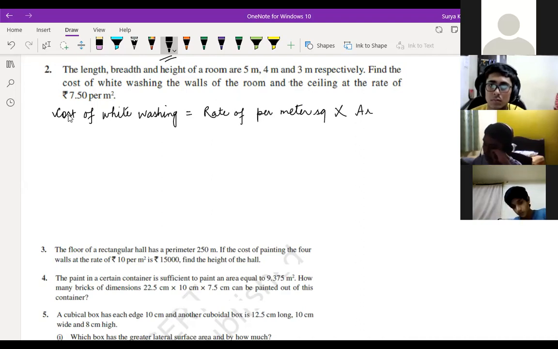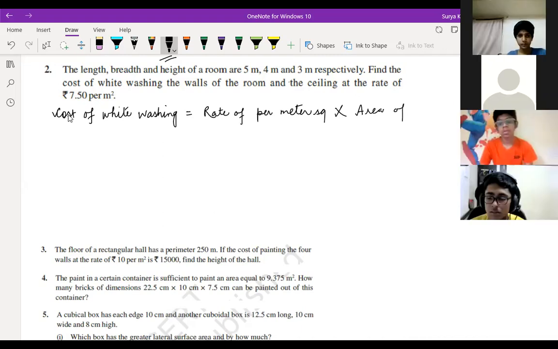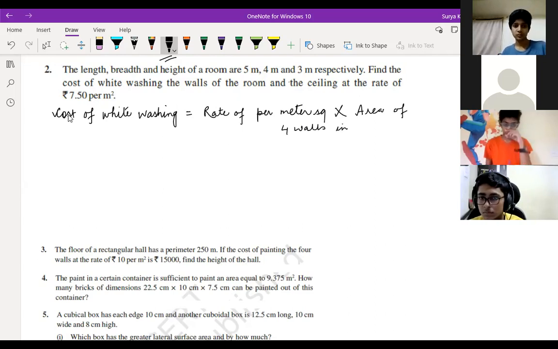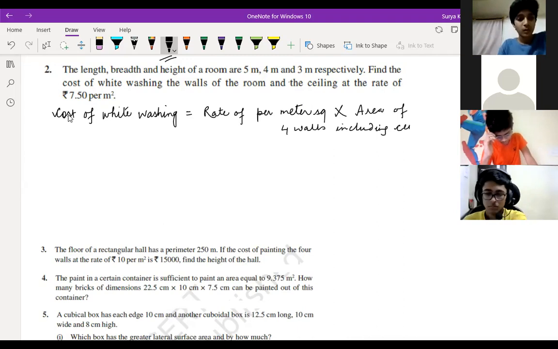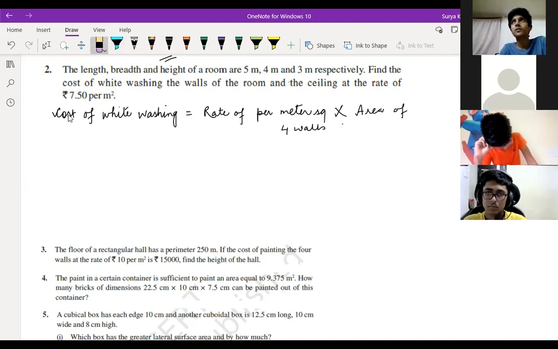The area of 4 walls including ceiling. Okay, area of 4 walls and ceiling.